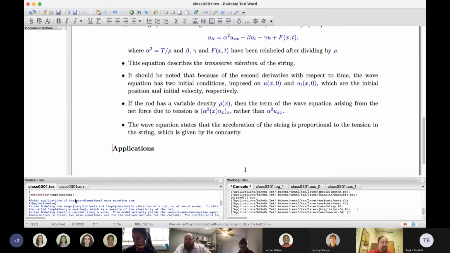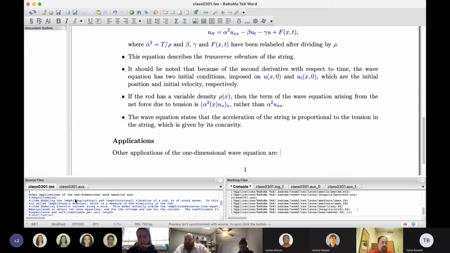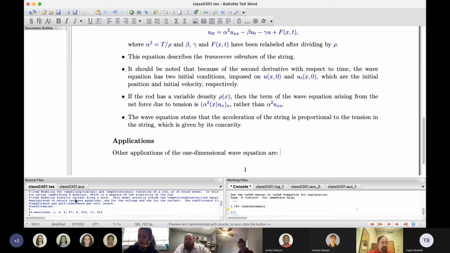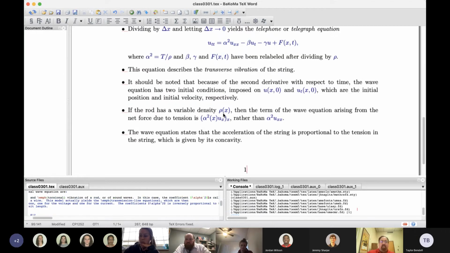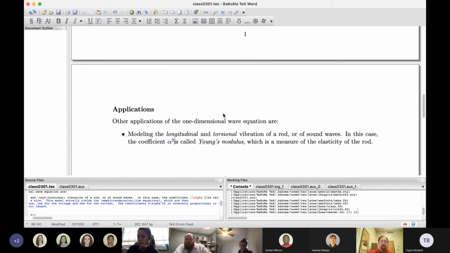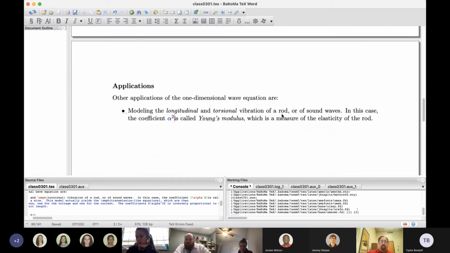This PDE can be used in other problems, modeling other situations. One is if you have a rod for a one-dimensional problem, it can model longitudinal and torsional vibration. So the coefficient is referred to as Young's modulus.